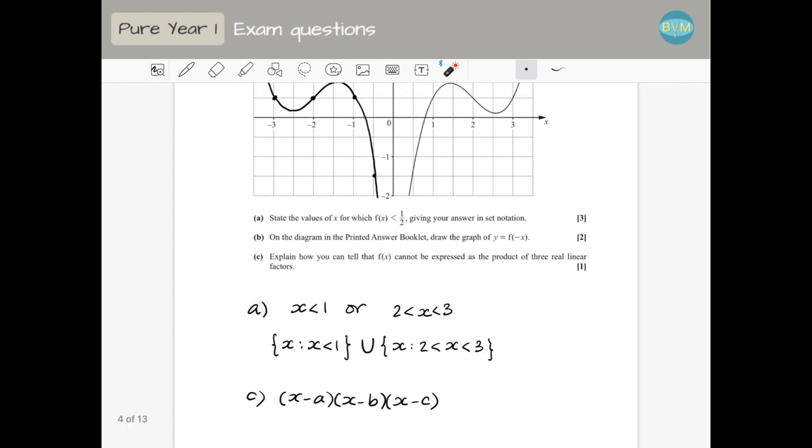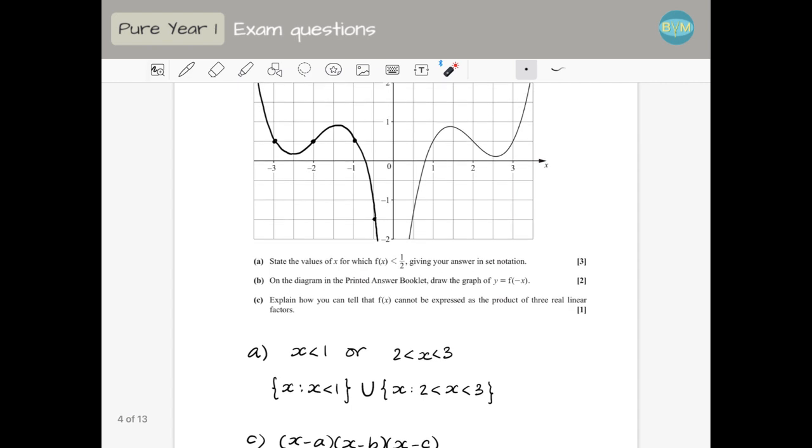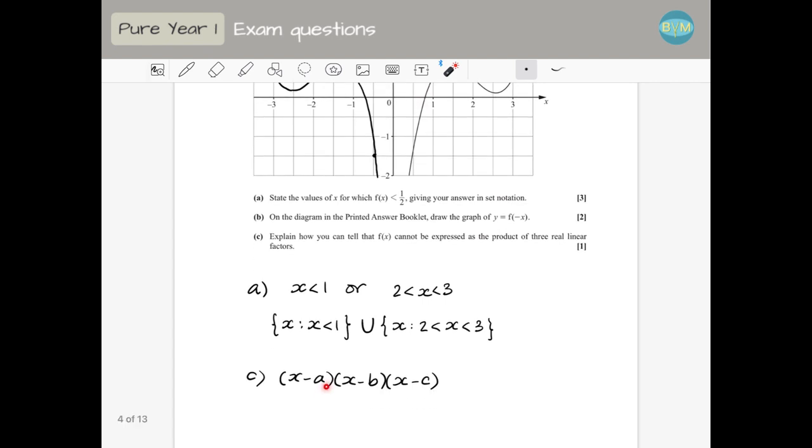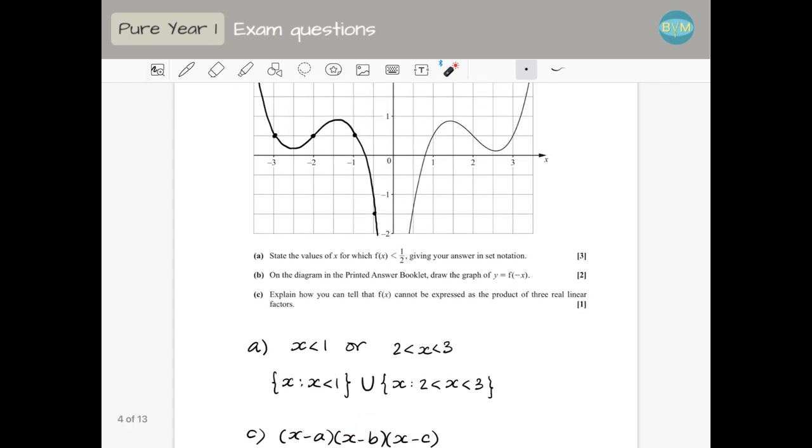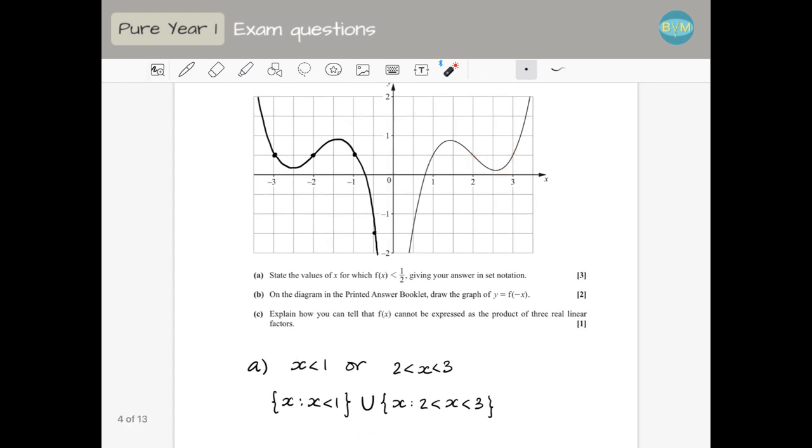So if I have 3 real roots for my cubic, I will be able to express my cubic this way. But you can see that the cubic only cuts the x-axis once, which means I only have one of these factors. The other is going to be a quadratic that has no real solutions because I don't have any more points of intersection.